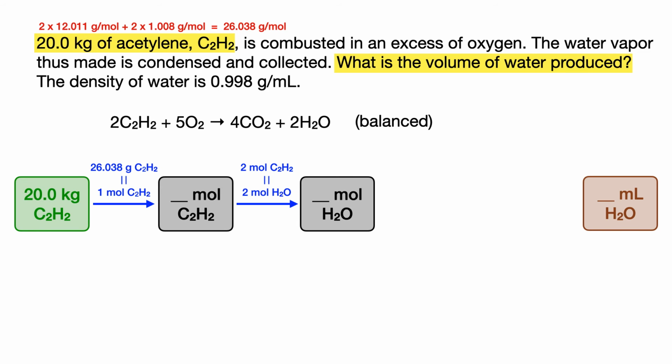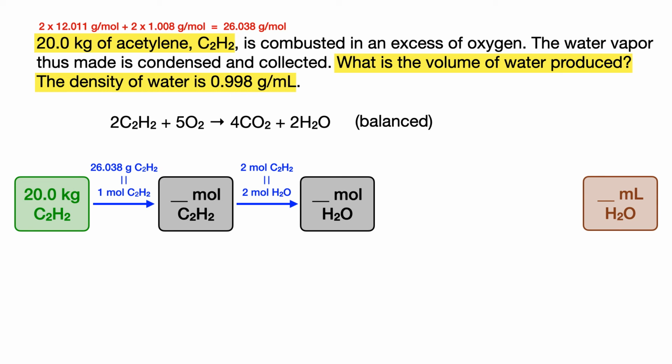So we'll have to incorporate that into our calculation, but that's not too hard to do, and we'll remember to put that in. And then going from moles of water to the volume of water, we could do that if we knew the volume of 1 mole of liquid water. We're not given any information about that in this problem. Instead, we're given a value for the density of water.